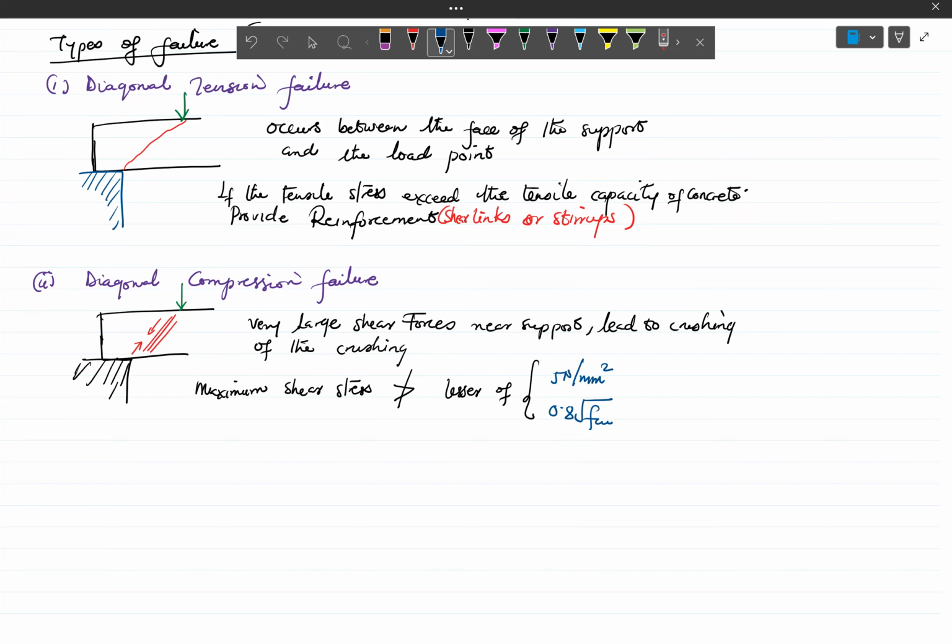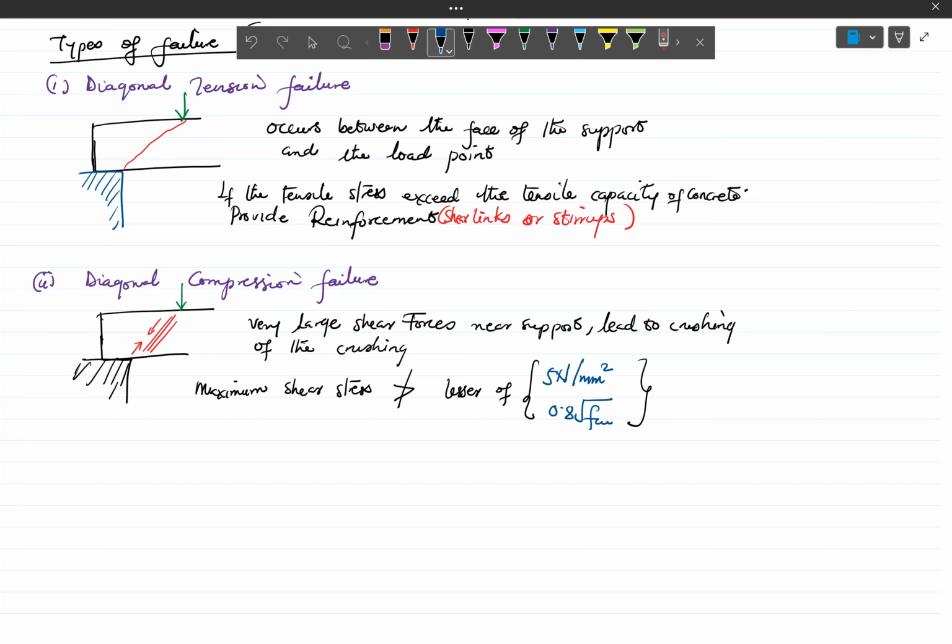So the lesser of these two is what governs our designs. So the code stipulates that no matter what you do, the shear stress in your beam coming from the load should not exceed these values, so that at least from the onset we avoid compression failure. So the only kind of failure we can tackle in this case would be diagonal tension failure.